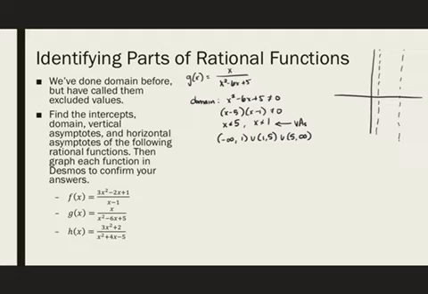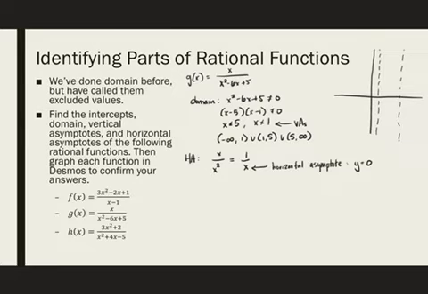And so then we go to, what else do we need to know? Well, let's look at the horizontal asymptote. So take your leading terms, x over x squared, which becomes 1 over x. Now, if x is left in the denominator, this means that the horizontal asymptote is at y equals 0.